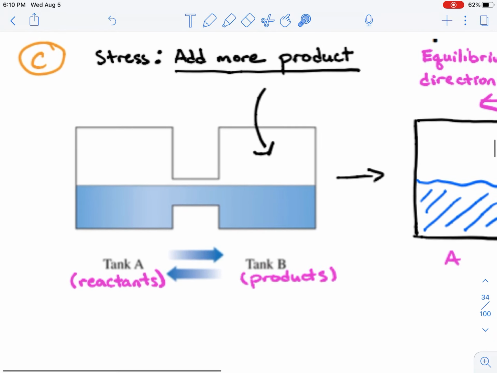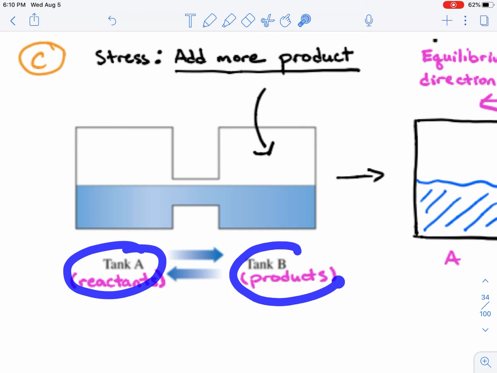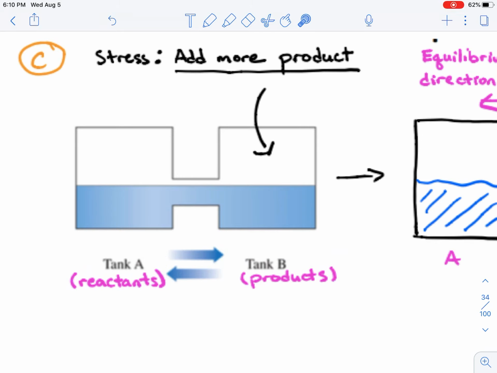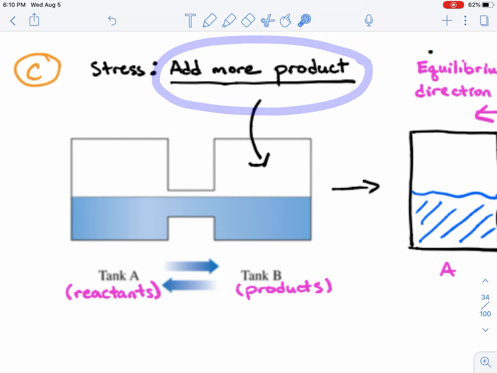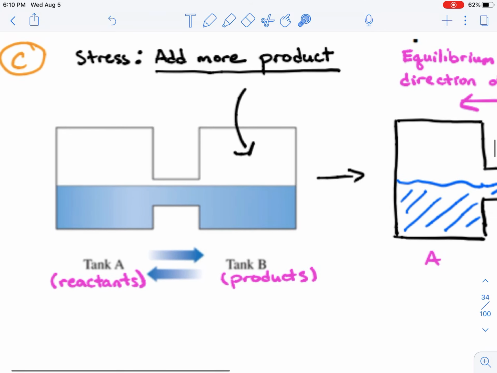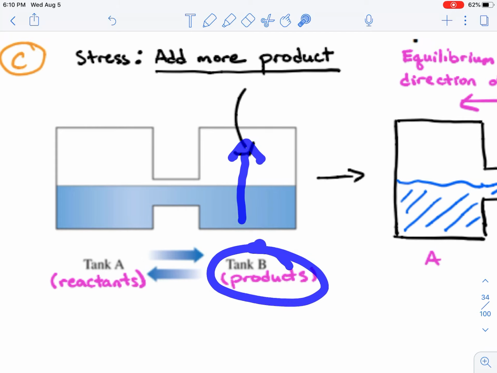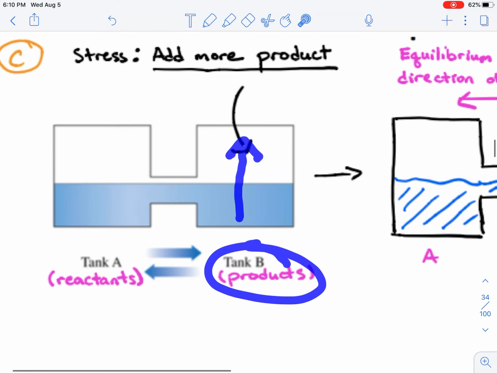Once again, we have tank A and tank B representing reactants and products, and the chemical system is at a state of equilibrium. For this specific stress, we're going to add product. In other words, we're going to increase the level of the liquid in tank B, which represents the products.